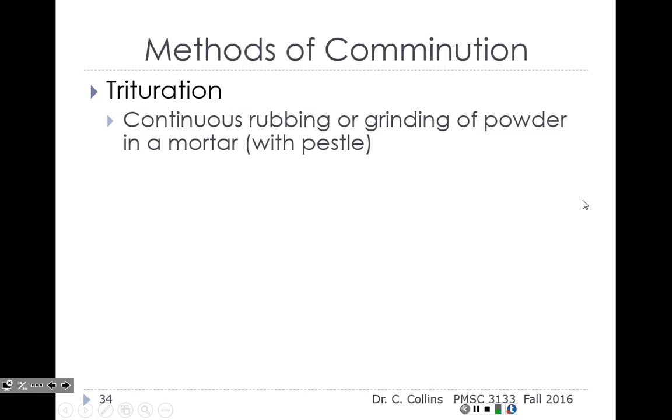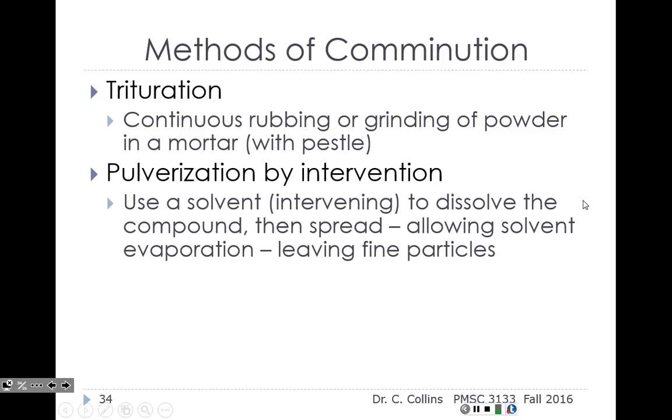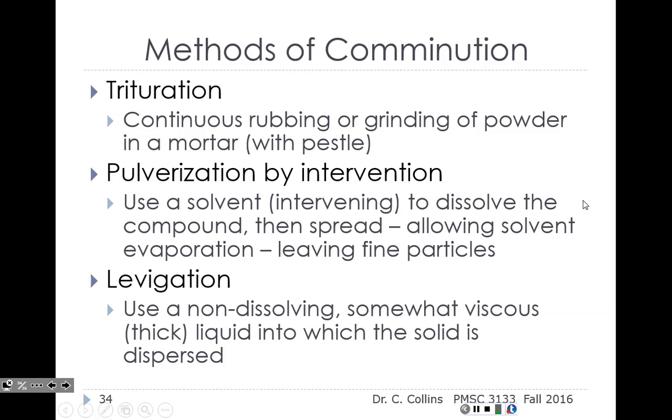So trituration can be comminution, but not always. Pulverization by intervention can actually add another ingredient, maybe a liquid, a solvent or something like that, which allows you to grind the particles with them. Levigation might be something more like a semi-solid, same idea.